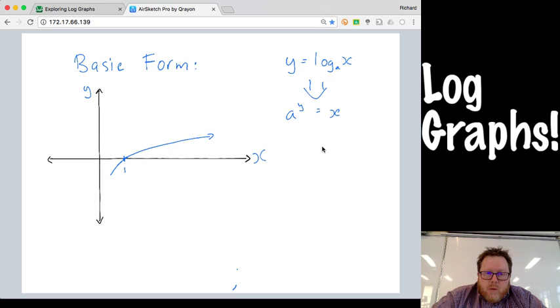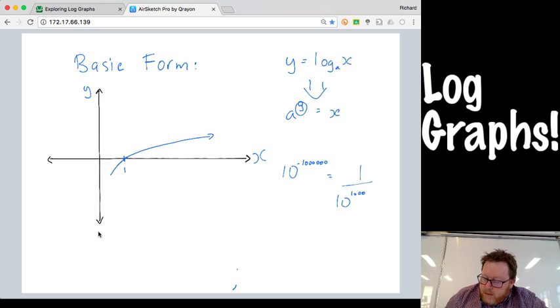So what does happen though? Well, as y gets more and more negative, when y is a large negative number, then let's just say it's negative 1,000,000 and a is 10. 10 to the power of negative 1,000,000 is just going to be 1 over 10 to the power of positive 1,000,000.